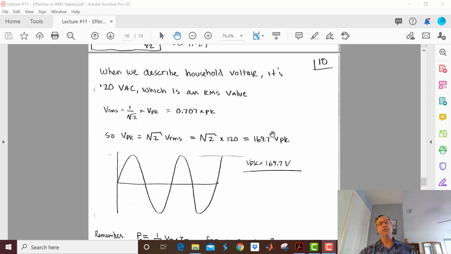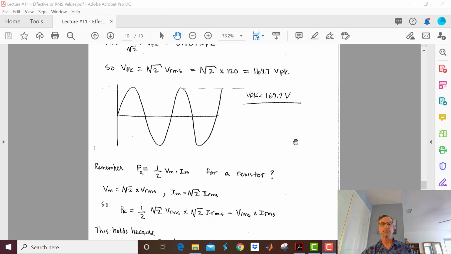So if you stick your finger in that electrical socket, you're going to get 120 volts AC, but the peak will be root 2 times the RMS voltage, or 169.7 volts peak. So if we stick an oscilloscope into one of those terminals on that outlet, we're going to see a sine wave at 60 hertz with a peak value of 169.7 volts.